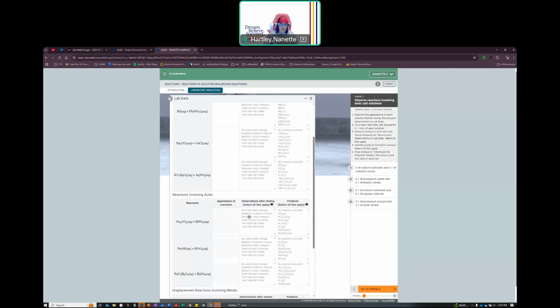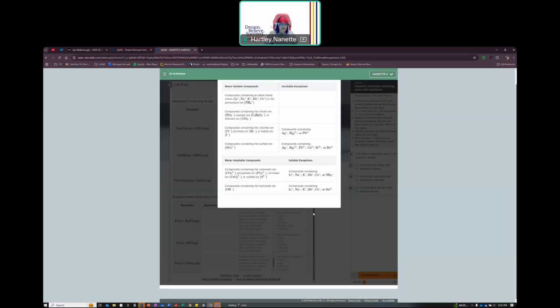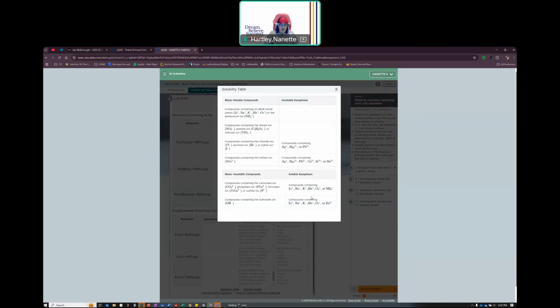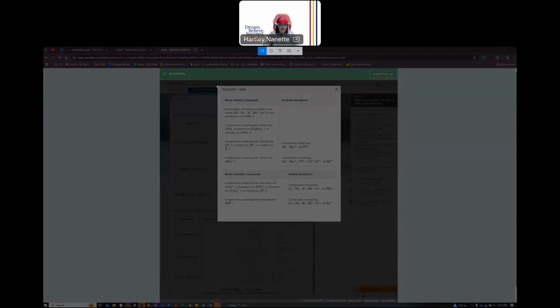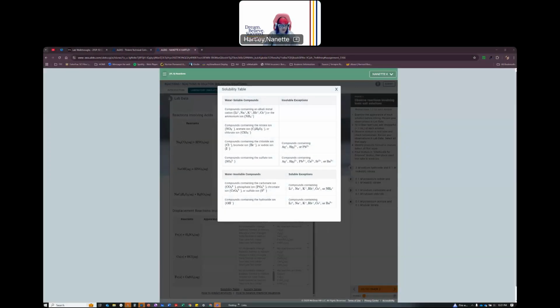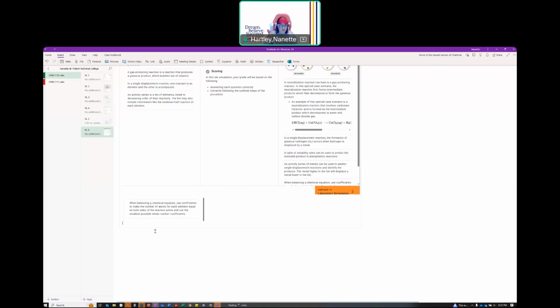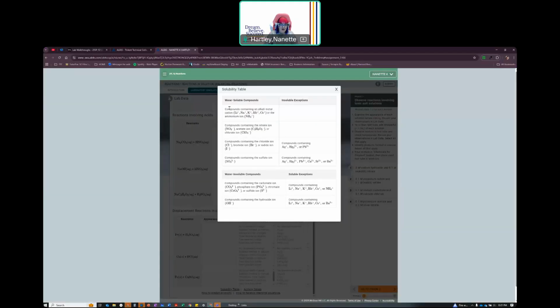And so I need to look at my solubility rules, at the solubility table, which is right here. These are the water soluble compounds, and these are the rules that they've given me. I need to take a screenshot of this. So this is my solubility table. It says the compounds containing an alkali metal or ammonium ion are soluble.